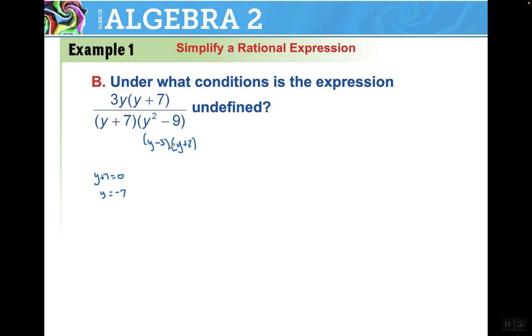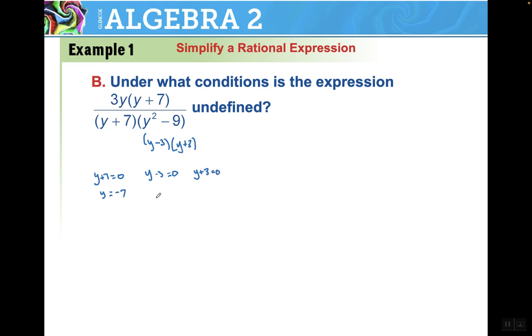And these two factors, if you remember the difference of squares, I know it's probably been a little while, but if you FOILed this, you would get this answer. So that's just the definition on how to factor a difference of squares. Then, of course, I set this y minus 3 equal to 0, and this y plus 3 equal to 0.